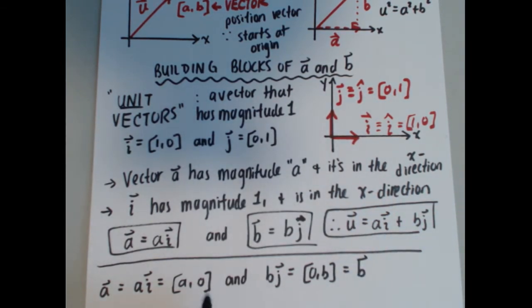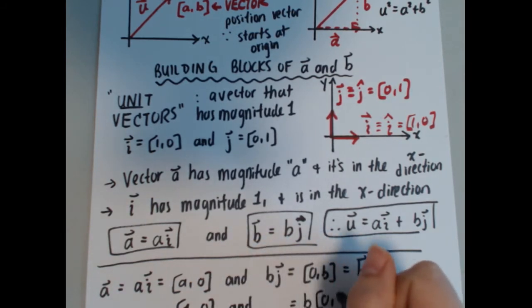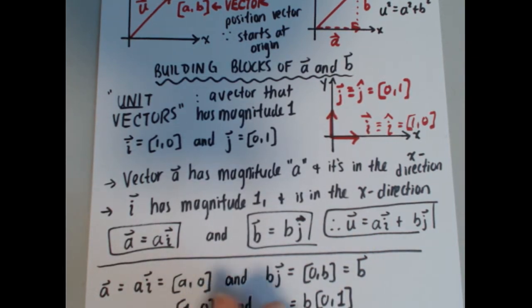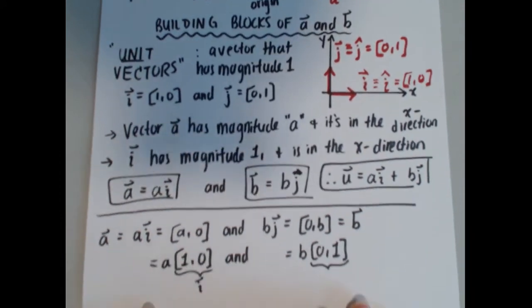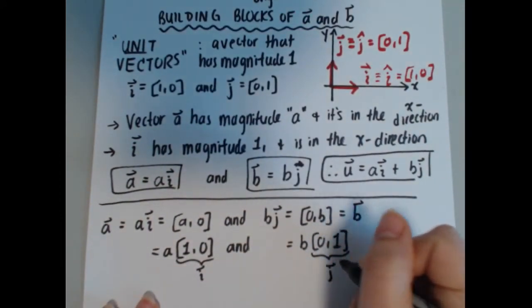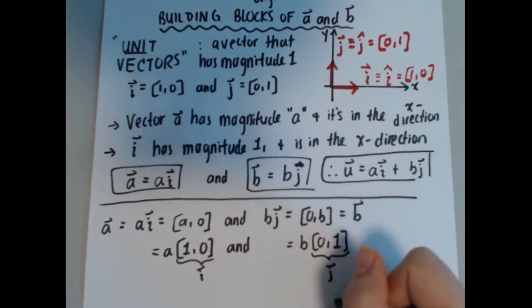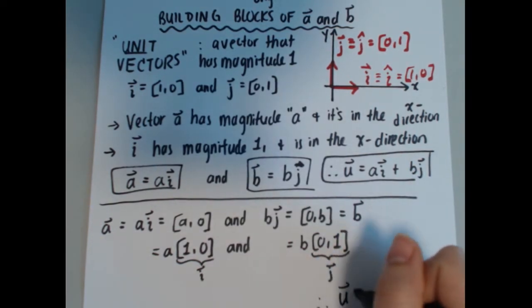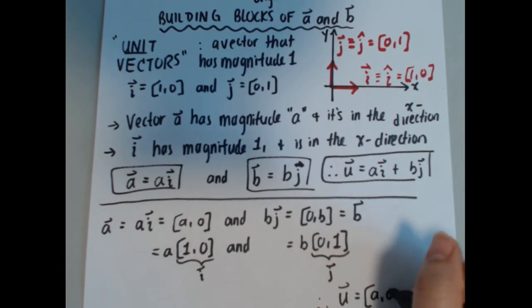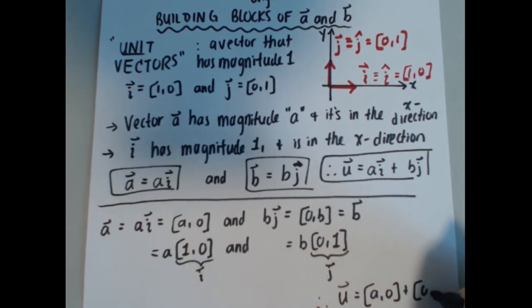Now if I take (A, 0), I can factor out the A, and now I have A times (1, 0). And for vector B, I can just factor out the B and call this (0, 1). And sure enough, this is I on the left, and this is j on the right. So another way to write u is that u is equal to (A, 0) plus (0, B).